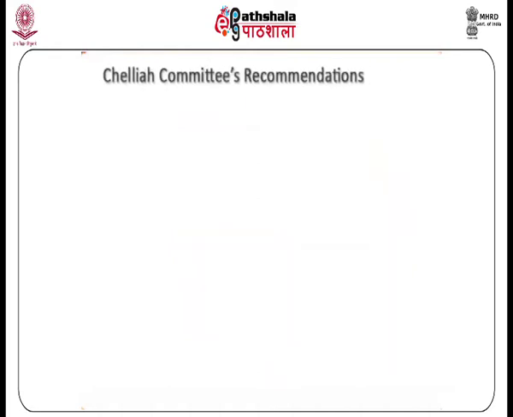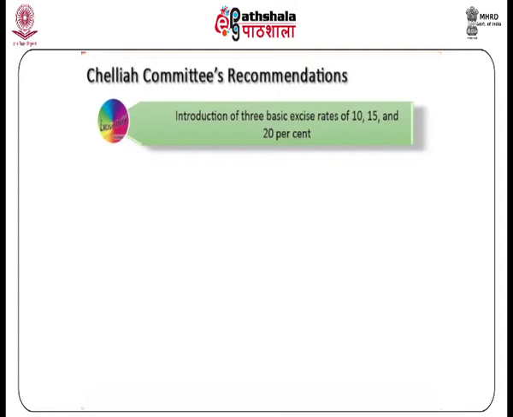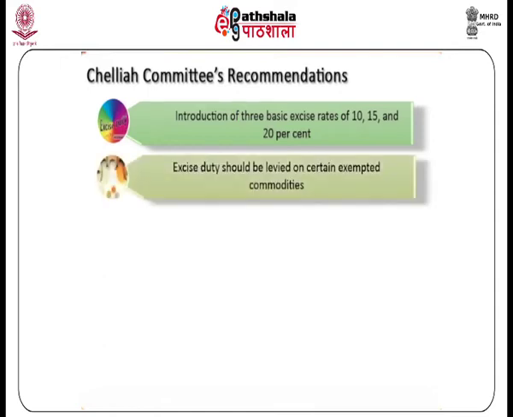The Tax Reforms Committee, known as Chelliah Committee, made the following important recommendations: introduction of three basic excise rates of 10, 15, and 20% on non-essential commodities. Higher rate of excise duty at 30, 40, or 50% may be charged. Excise duty should be levied on certain exempted commodities and a duty of 10% be imposed on these items.